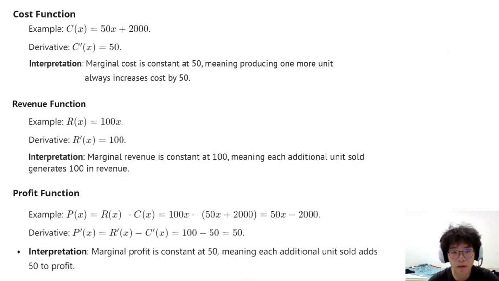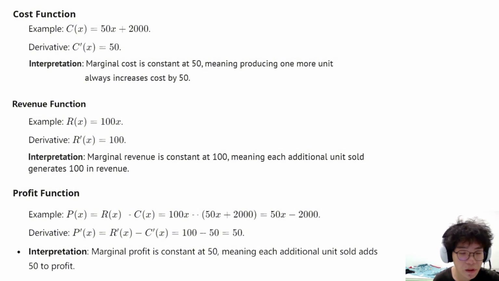To get a better understanding, I give 3 simple examples, and let's see the meanings. For the first, the marginal cost. The marginal cost function equals 50 here, meaning producing one more unit always increases cost by 50.